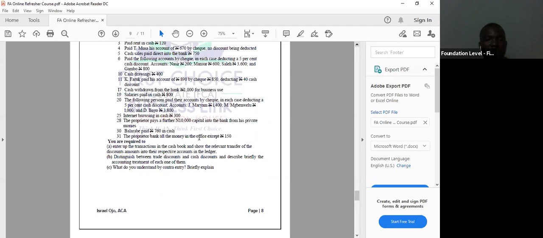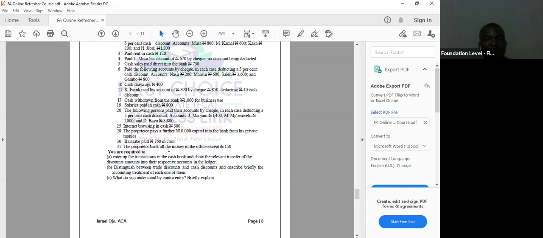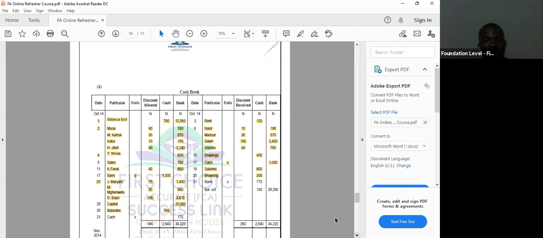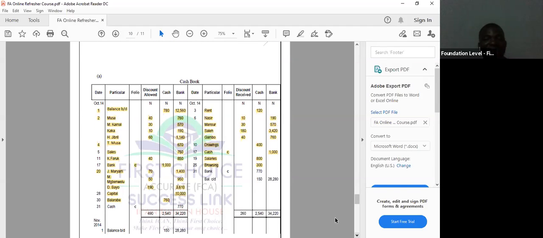The other one that we have there says that the proprietor banked all the money in the office except 150. What does that mean? It means that every money that was there, he banked them all except the amount of 150.